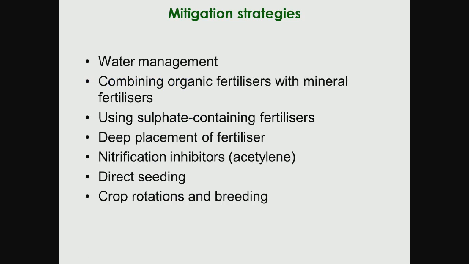So with this in mind, we can also develop mitigation strategies. So in particular, by adding sulfate-containing fertilizers, as this inhibits these methanogenic activities, or indeed by considering breeding strategies, by choosing crop plants that can actually reduce methane production.